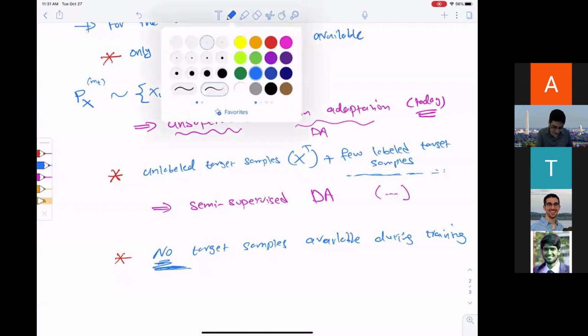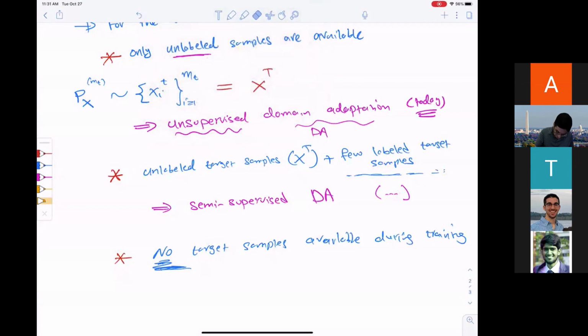So here, the idea is that instead of just one source domain, you have multiple diverse source domains. Maybe you gather labeled samples not from one domain, but from 5 or 10 different domains.